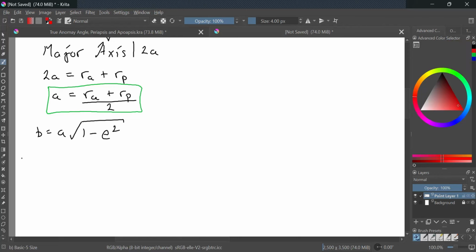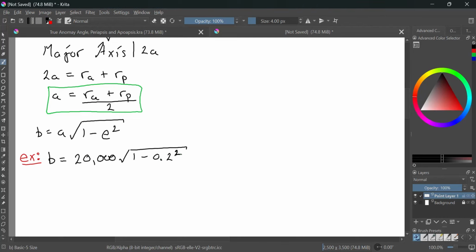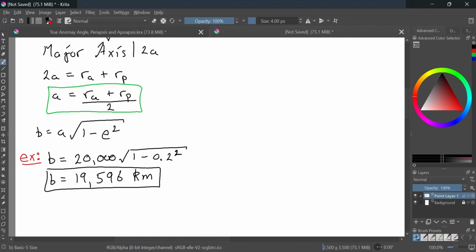So for our orbit, looking at b of 20,000 times the square root of 1 minus 0.2 squared, that turned into 19,596 kilometers. It's a little bit less than that, but going down to the tenths of kilometers at these distances doesn't make a whole lot of sense to me.